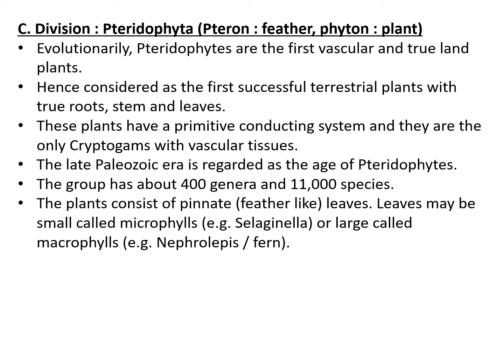C. Division Pteridophyta. Pteron means feather, phyton means plant. Evolutionary, pteridophytes are the first vascular and true land plants, hence considered as the first successful terrestrial plants with true roots, stem, and leaves.